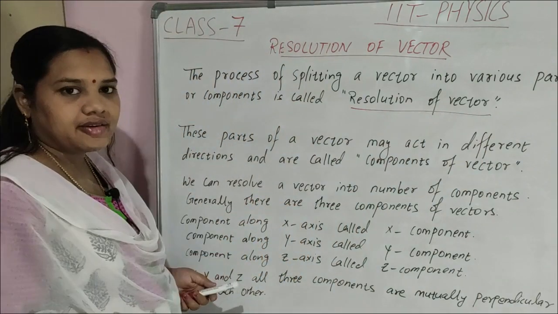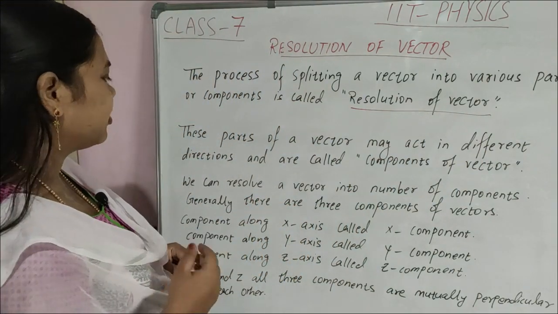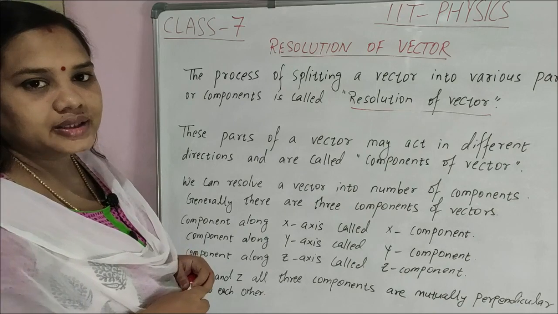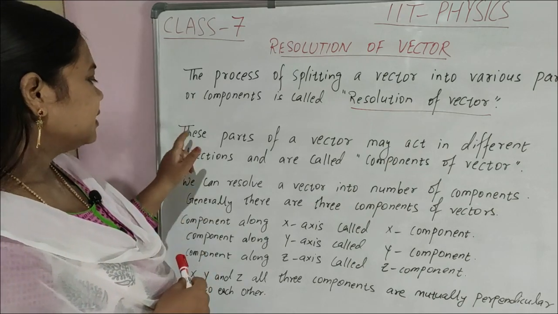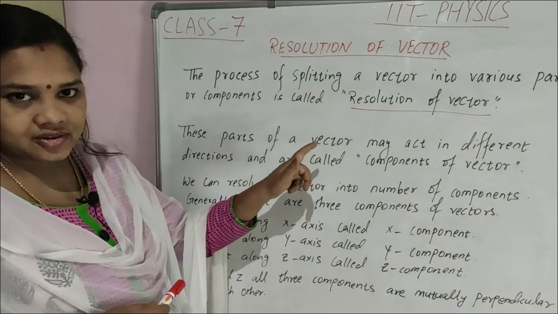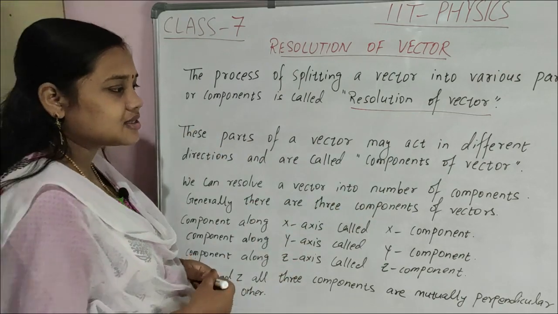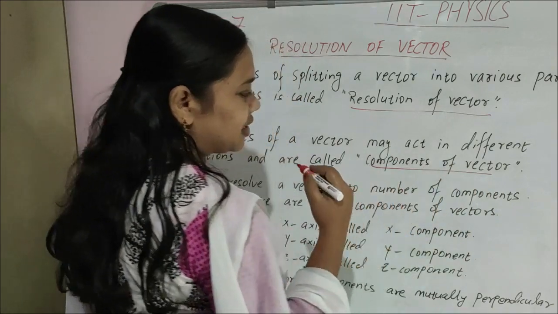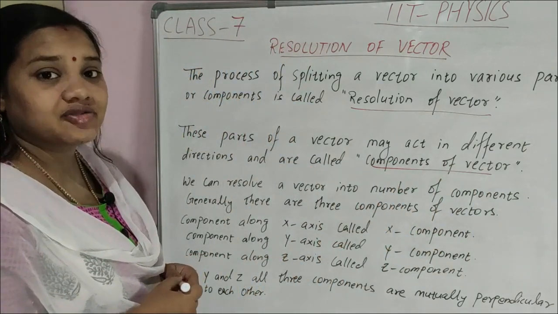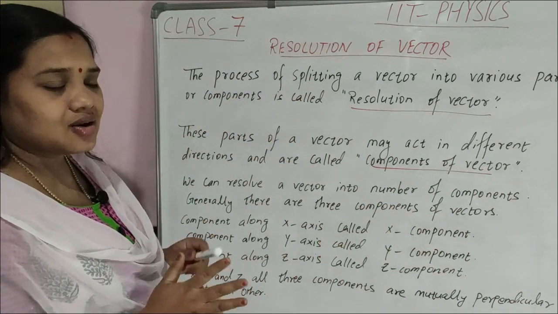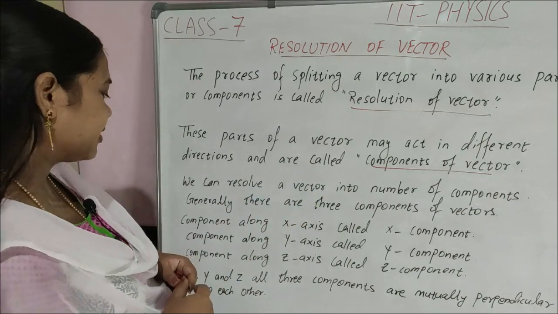These parts into which the vector is divided are known as components of the vector.